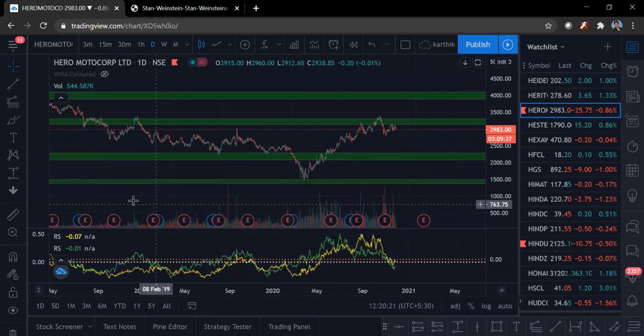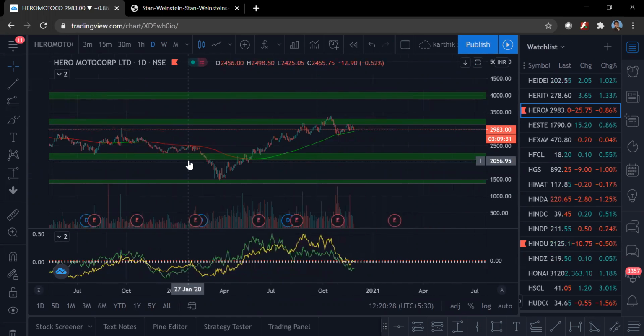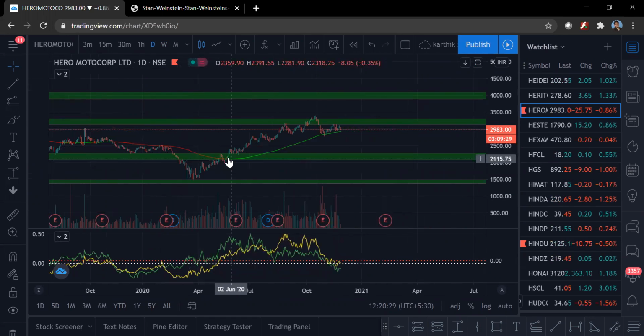So after getting back your indicators, what you basically do is, we mark the level that we got here for Hero, which is from a monthly support.